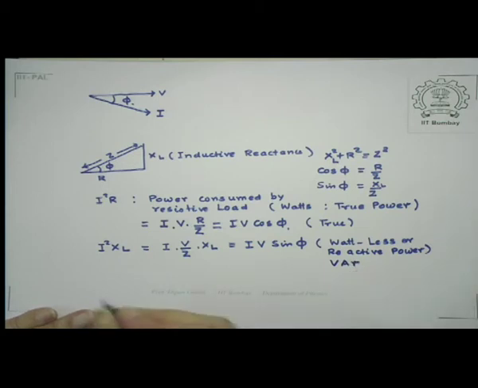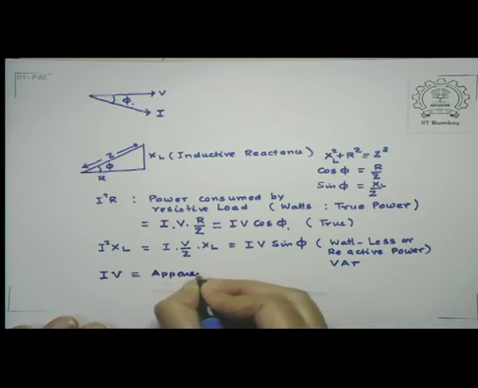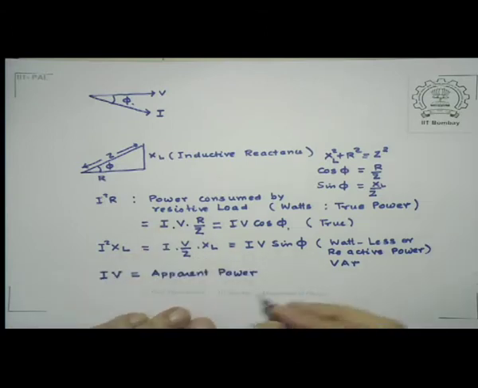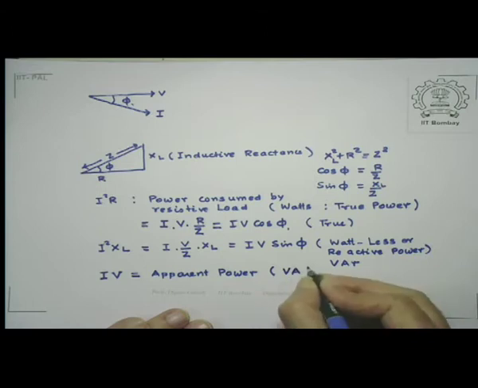Now, the product I times V itself is known as the apparent power, which is the same as I square Z. And in this case, the unit in which it is measured is volt ampere or kilovolt ampere, as might be the case.